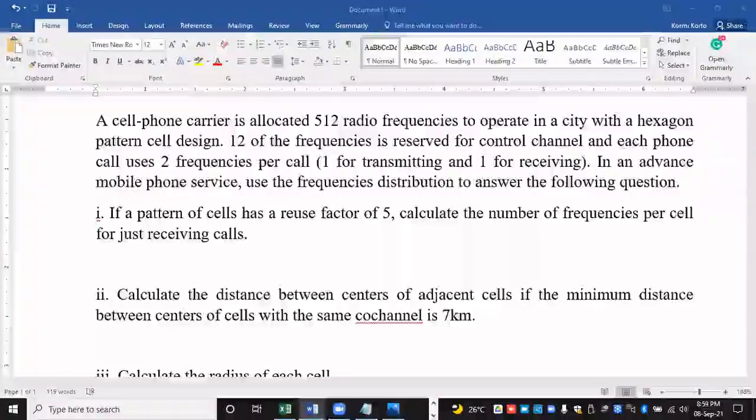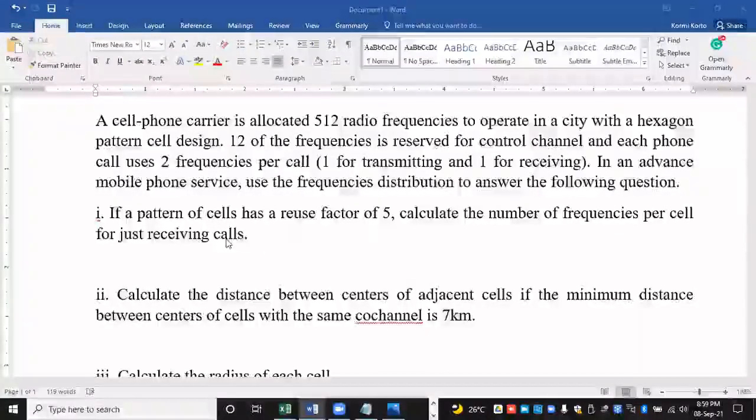You can go back to your slides on cellular networks and see the advanced mobile phone service formulas within the slides.